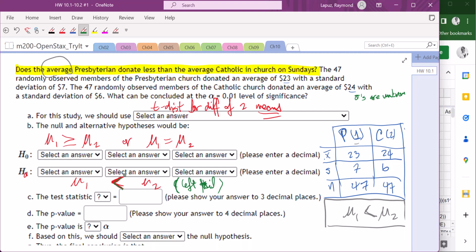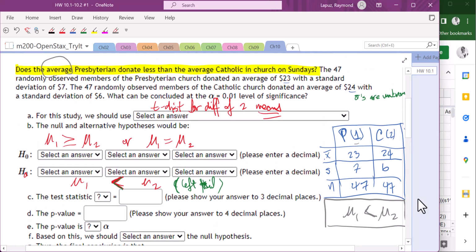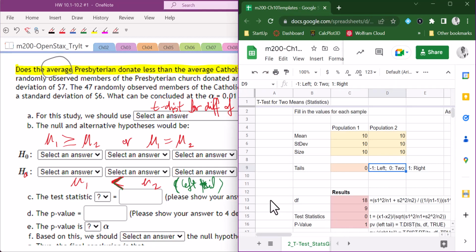All right, we need to find our test statistic and p-value and decide whether to reject or fail to reject the null hypothesis. So from here on out, we're going to use technology. You're more than welcome to use a calculator, but I have been using Google Sheets. And here's a little template of what we have.